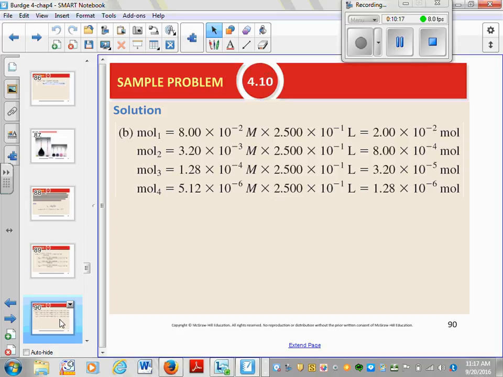We want to know how many moles. It was 0.25 liters, 250 milliliters. So the number of moles would be 8.00 times 10 to the minus 2 times 0.25. So 2 times 10 to the minus 2 moles.